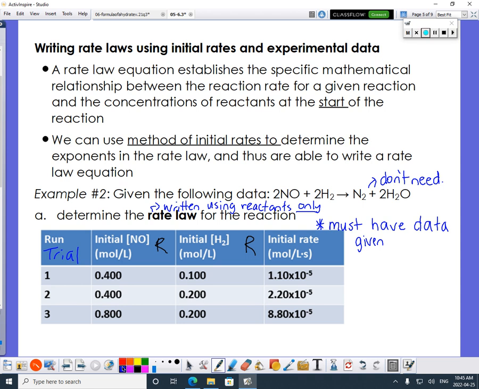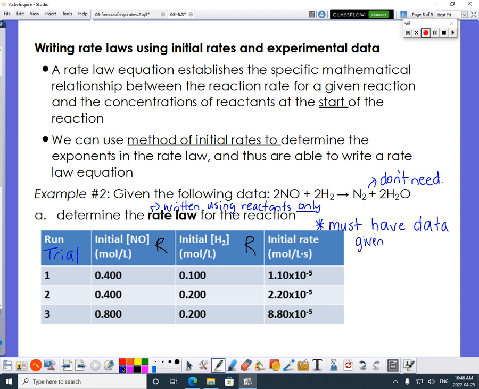So for the first one, I'll put the procedure on the left, like the steps, what I'm doing, and then I'll actually do those steps for this data. And then for the second example, I won't write out the steps anymore. I'll just write what you would put on your paper, okay?